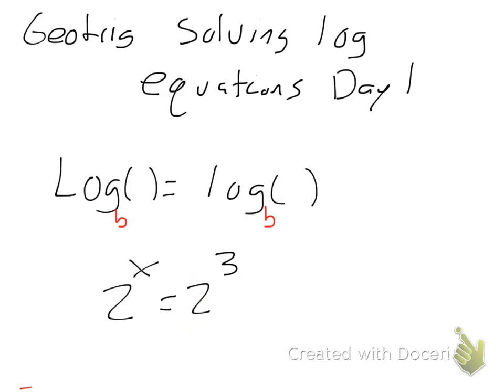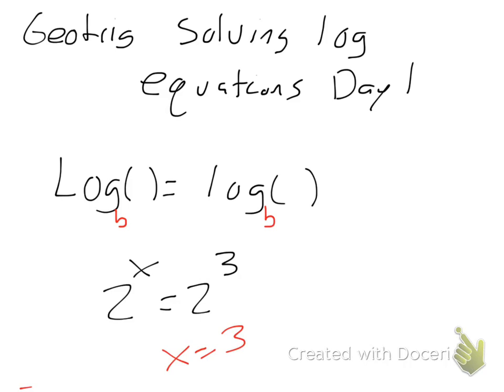The only way for these two to be exactly the same is if they have the same base. That means they have to have the same exponent. So you'd say, oh, x equals 3. Of course. The only way for two things to be the same is if everything in the exact same locations is the same.